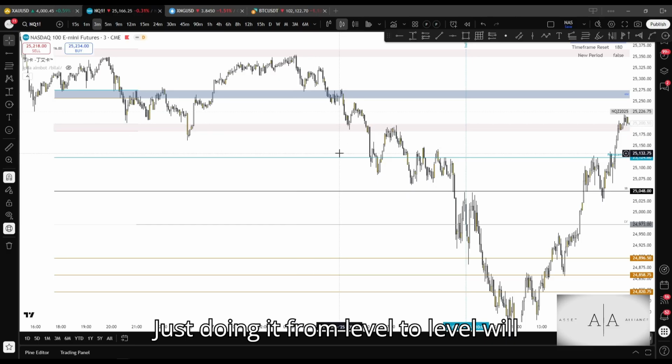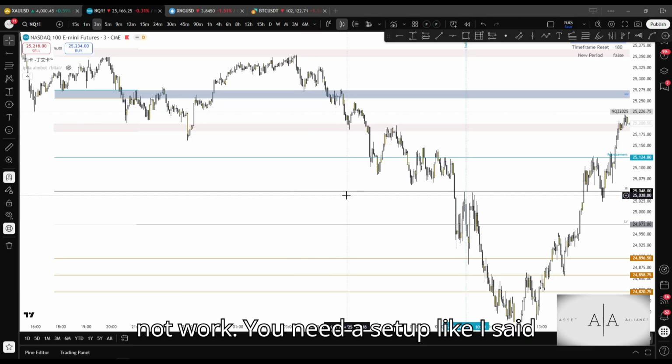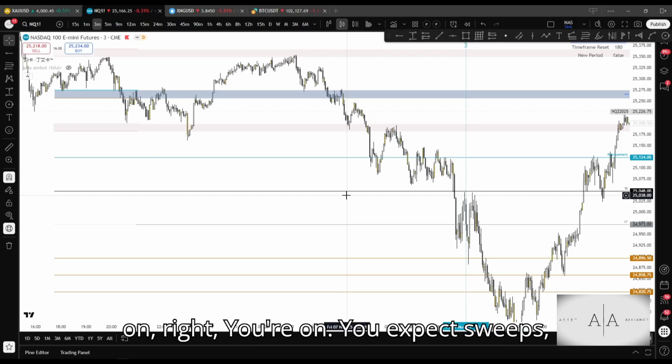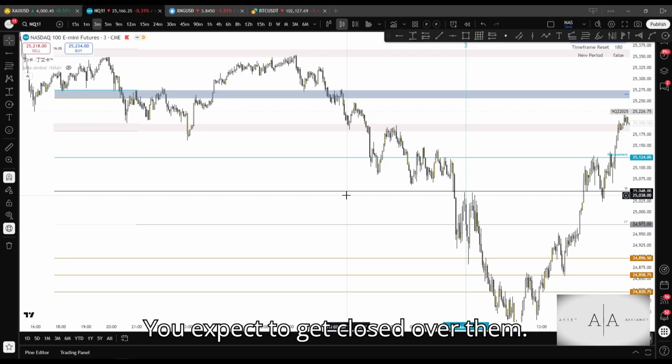So just doing it from level to level will not work. You need a setup, like I said, with the tag, IPDA Aimbot, really anything. You need a whole setup, right? OSTDV is there to help you. General idea, general view, bias, nothing else. Draw on, right? Draw on, you expect sweeps. You expect to get closed over them.